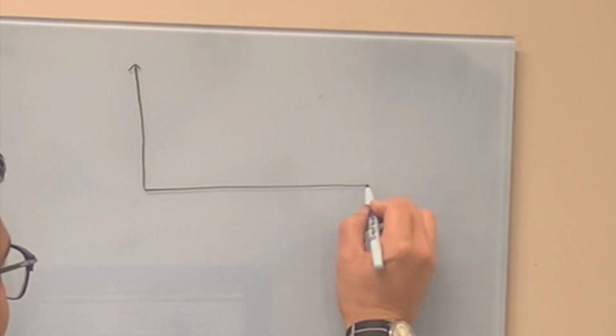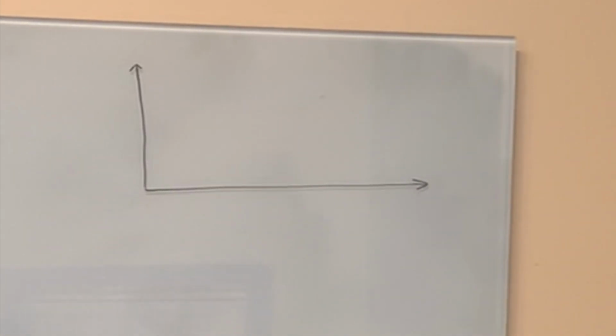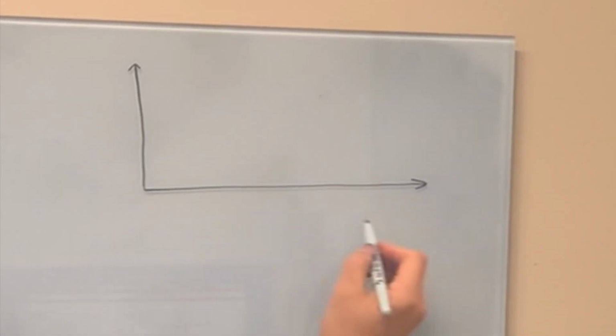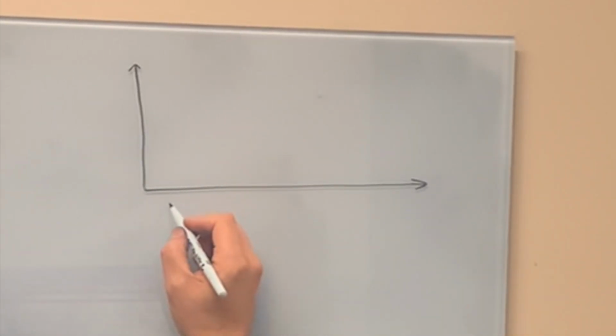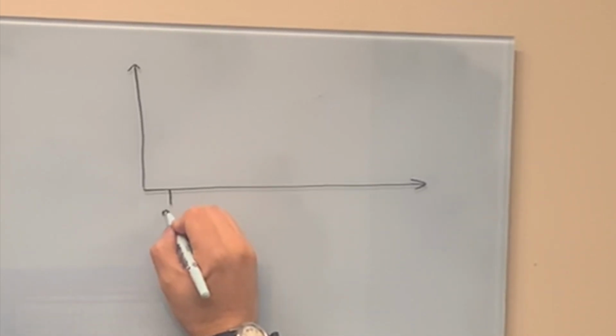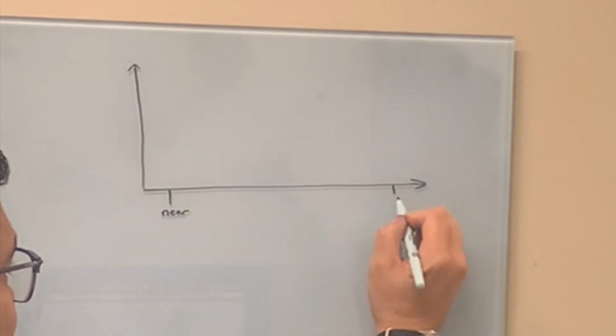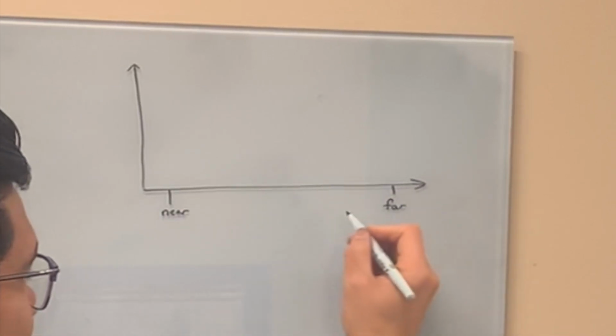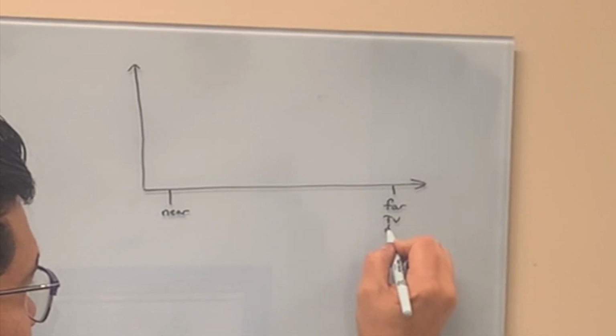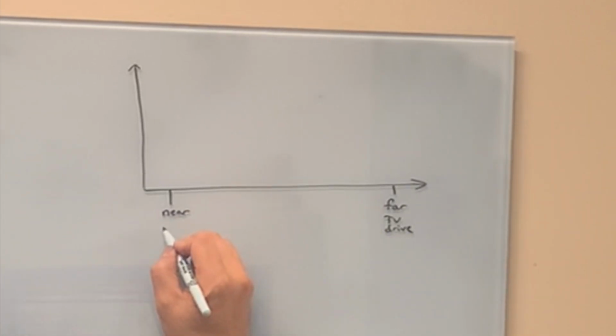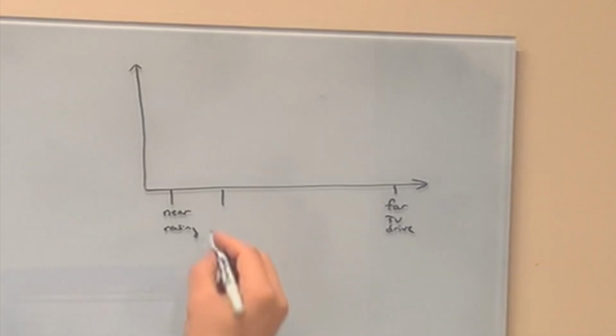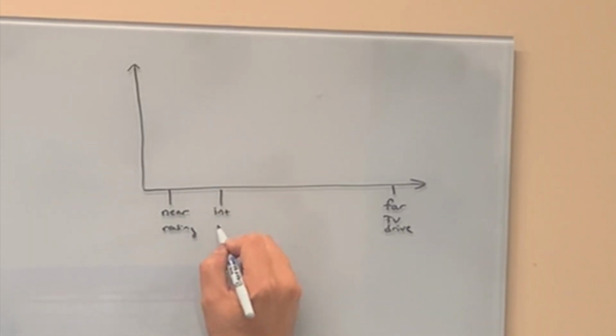If we graph, for instance, a defocus curve for a 20-year-old healthy person, on the x-axis, we're going to put distance. So this would be near focus. This would be far focus. This is across the room. This is to watch TV, to drive. Near would be reading. And then intermediate, this is like arm's length. This would be like your phone, your computer.